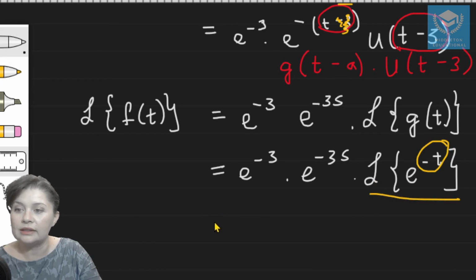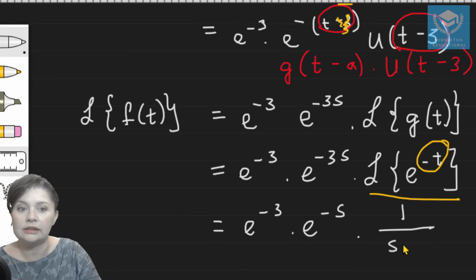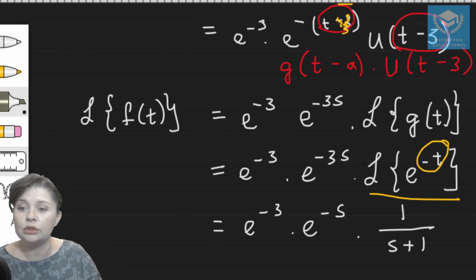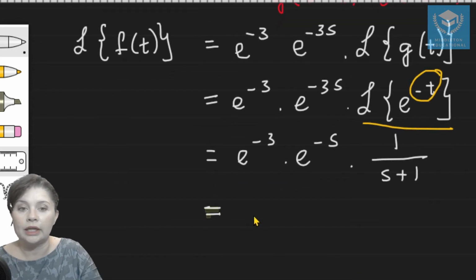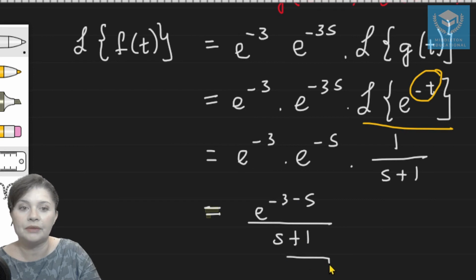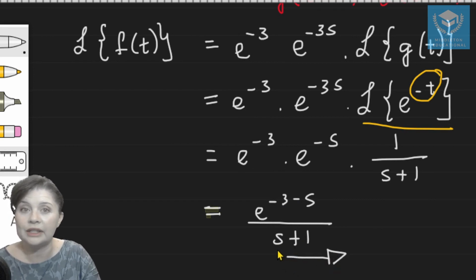So then we can say that is going to be equal to e to the minus 3, e to the minus 3s, times 1 over s plus 1. And if you rearrange it just to make it look neater, you can write that as e to the power minus 3 minus 3s over s plus 1. And that is your Laplace transform of the f of t.